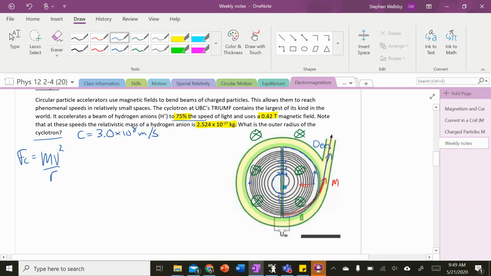So there really is only one force, and that is the magnetic force, which is qvB, where v is the velocity. So this is the clue: the centripetal force is the magnetic force, Fc equals Fb, and therefore mv squared over r is equal to qvB. You can pause the video here and try solving that question for yourself.